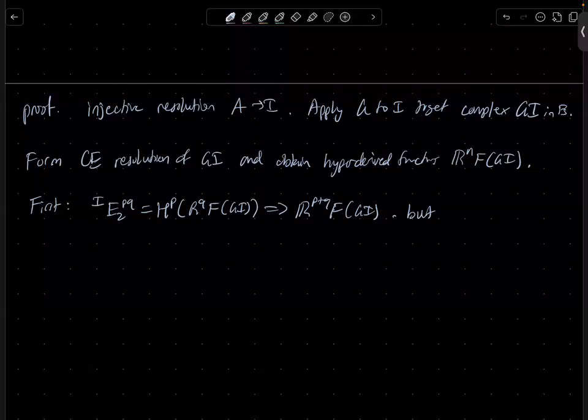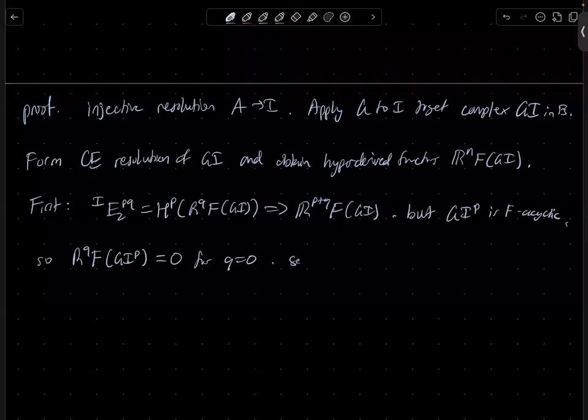So for each P, G^I^P is F-acyclic. So all of these R^Q F(G^I^P), well, most of them are zero. R^Q F(G^I^P) is equal to 0 for Q not equal to 0.